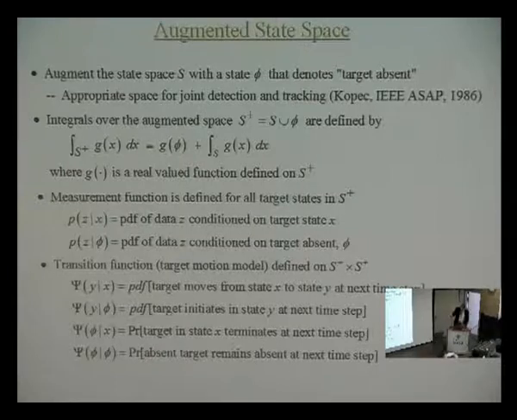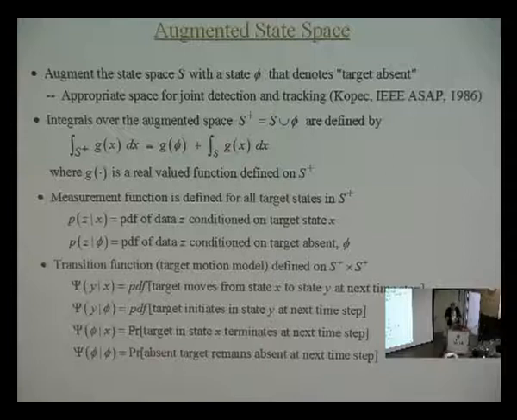We need a transition function. We're going to map, again, a transition function from S plus to S plus, which means I have to use all pairs of combinations. So psi of y given x, where y and x are both ordinary points in the state space, that's the usual transition function we have now. It's called target motion. It goes from x to y with some probability, and that's psi of y given x.